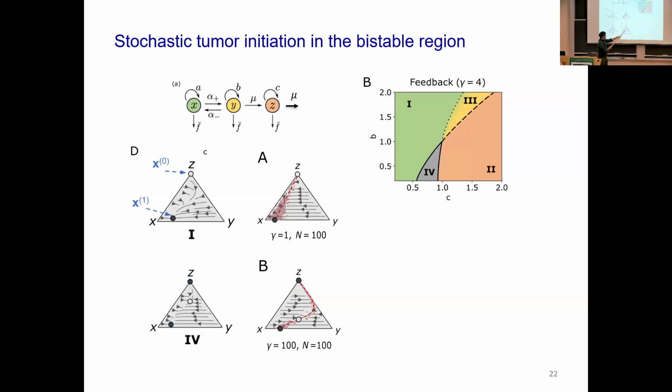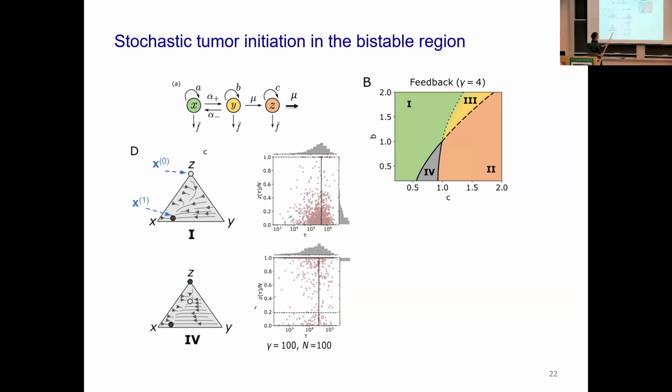Good. In the other one, what happens is it actually waits up to going to Z. So this is a good way to look at it. So this is the value of Z at which transition happened, and this is the time it took for those transitions to happen. Right? So this is the time at which you get a Z2, and this was the value of Z when it happens.